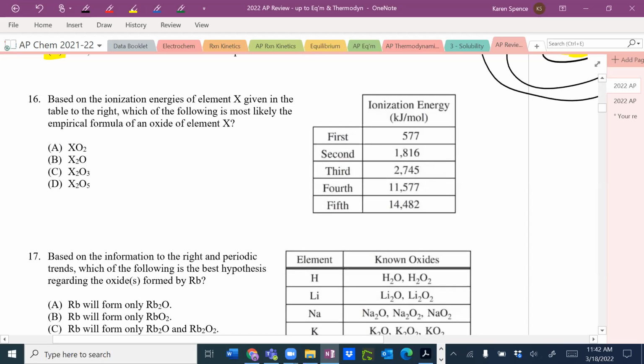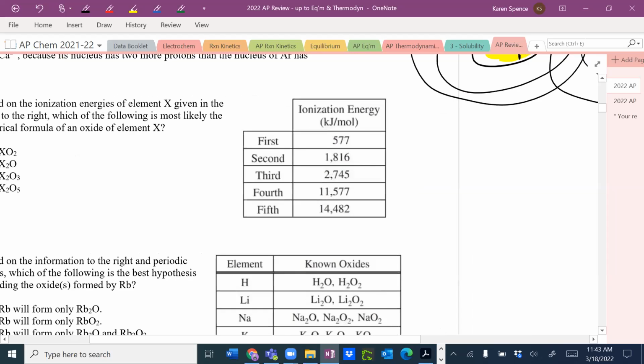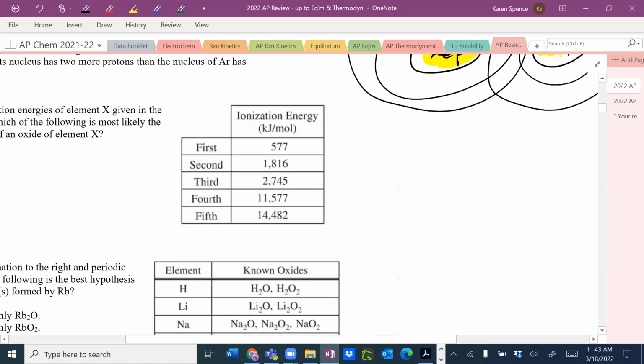Based on the ionization energies of element X in the table to the right, which of the following is most likely the empirical formula for an oxide of element X? Once again, we are going to look for the big jump. These are all in the same ballpark, and all of a sudden we've gone up by almost a factor of 10, okay? So we've gone up by a huge chunk.